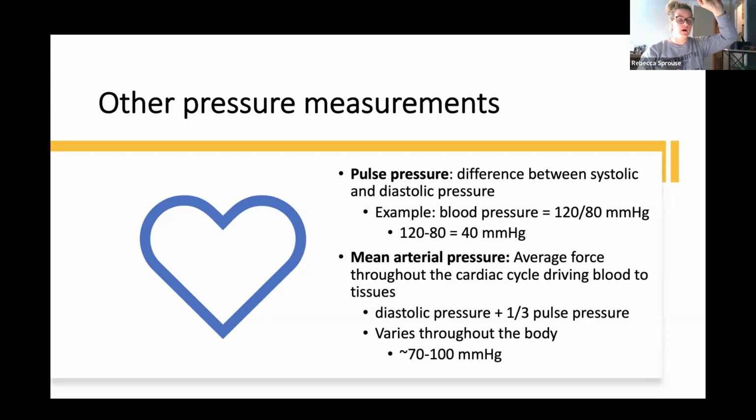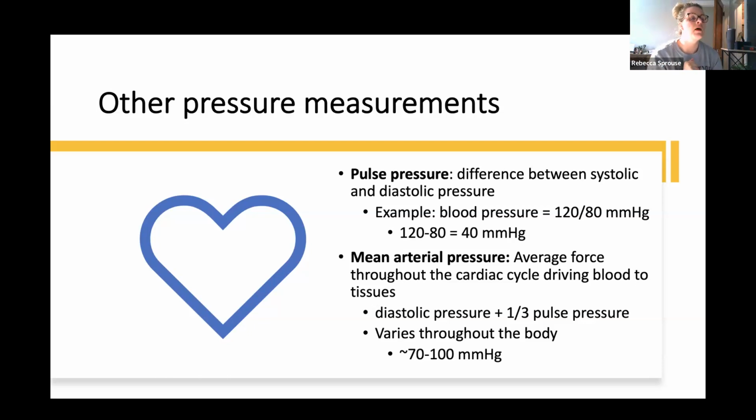Does the heart have to work harder or not as hard to get blood to your head and your toes as it would just next door to your brachial artery? I'm going to have you answer that question for yourself when you do this lab this week on orthostatic blood pressures.